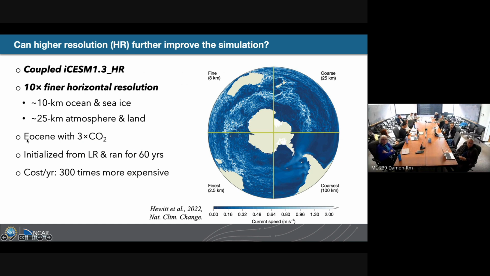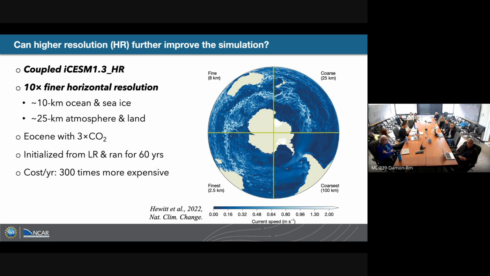I'm going to focus on the simulation with 3 times the pre-industrial CO2. The high resolution was initialized from the low res and run for 60 years. The simulation is expensive to run, 300 times more expensive in terms of cost per year.